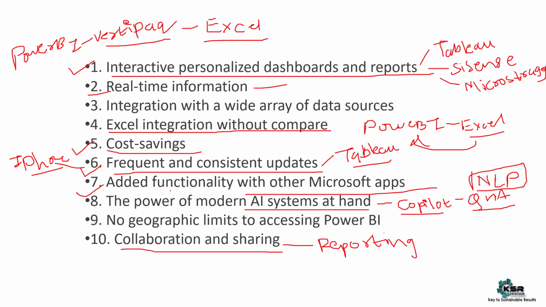So this will help us to be a market leader. The third important point is AI functionality, and the fourth is that it can be easily integrated with any Microsoft application. The other points you can club together as the fifth. So these 4 to 5 points play an important role for Power BI to be a market leader.